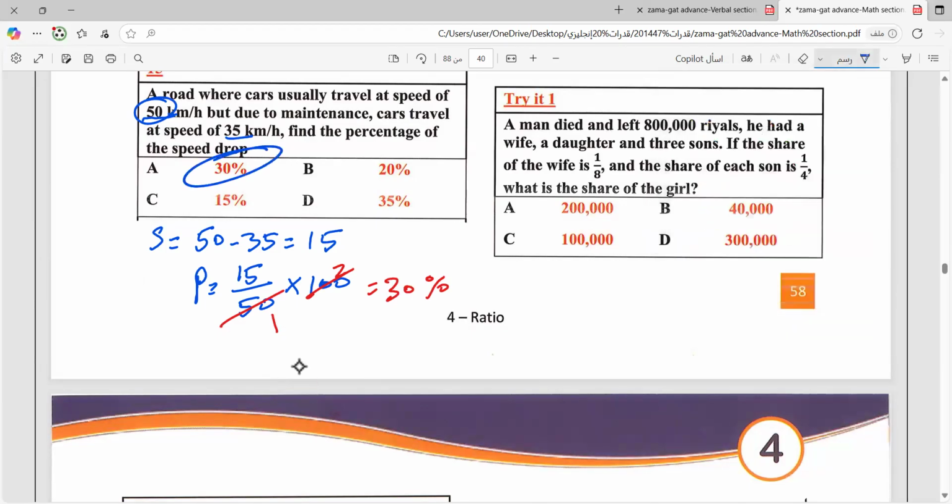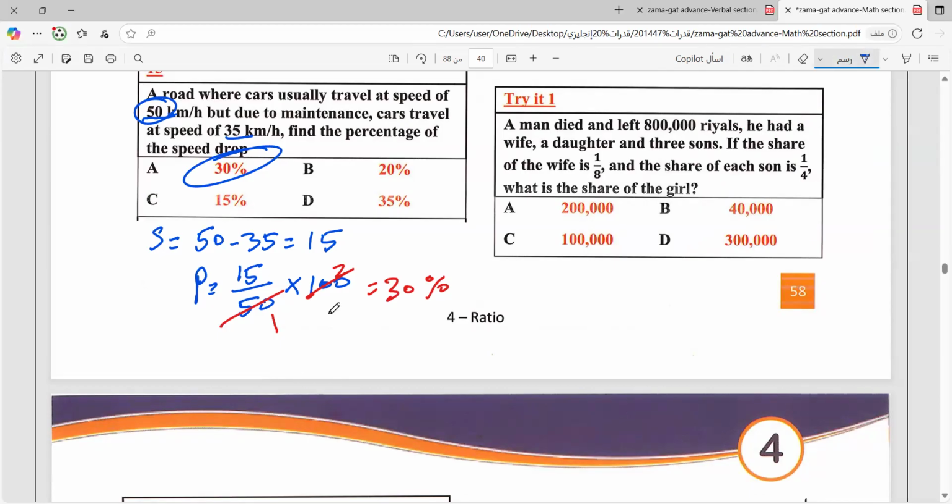So the answer is 30%. Clear? We divide 100 by 50, which is 2, and 15 times 2 is 30.